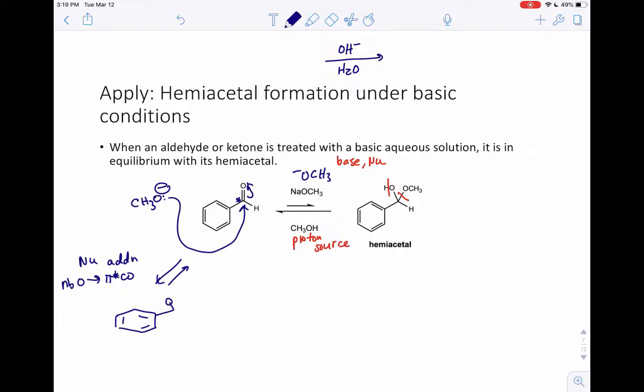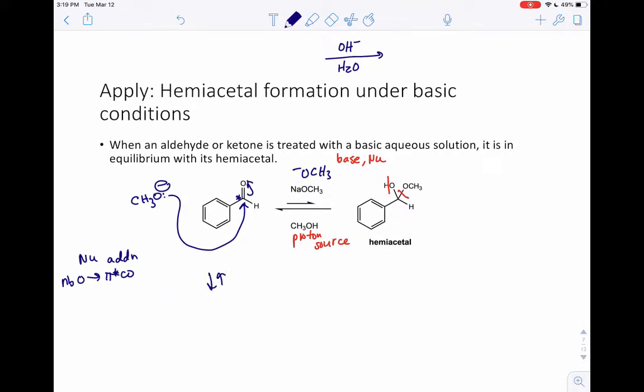Now just like before, the stress on the new molecule, the intermediate, is going to be the negative charge on what used to be the carbonyl oxygen. And so we're going to protonate that. Again, our proton source is methanol. So a lone pair of oxygen accepts that proton from methanol. And we have our proton transfer step. And we get the hemiacetal.